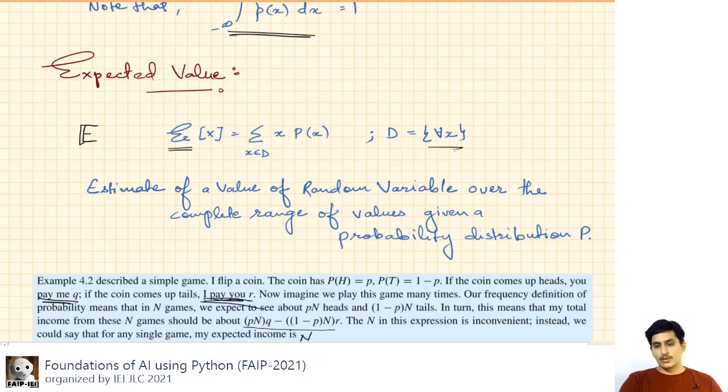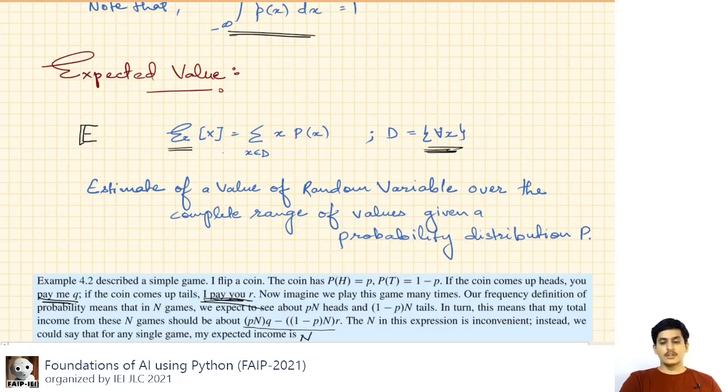So the set of all values that x can take, all possible small x. Okay. The summation over D of x dot P(x). All right. Probability of x taking the value x multiplied by the value, summed over D. So this is the expected value that we propose to get.